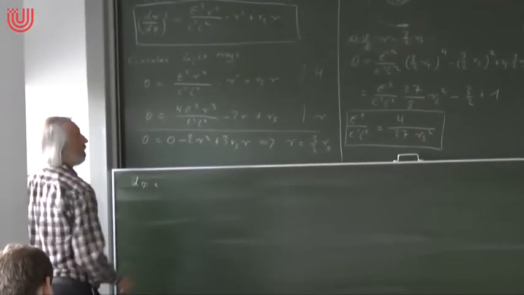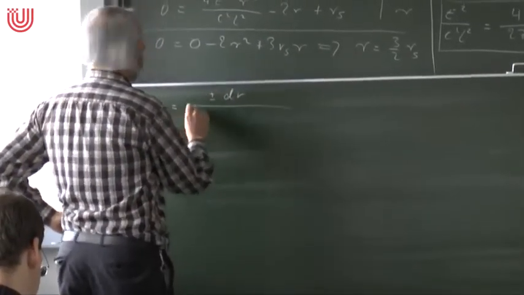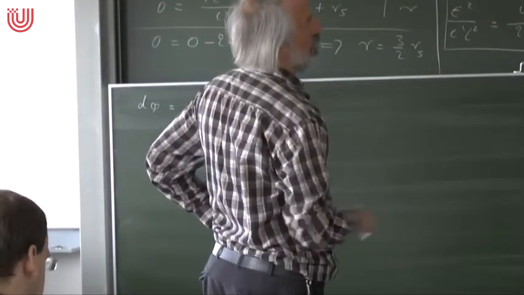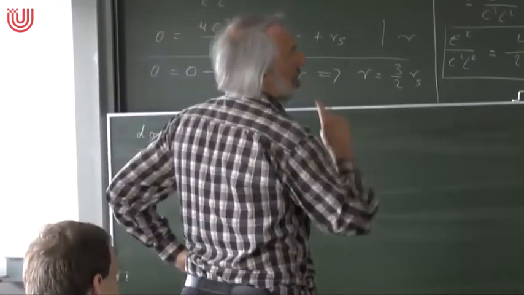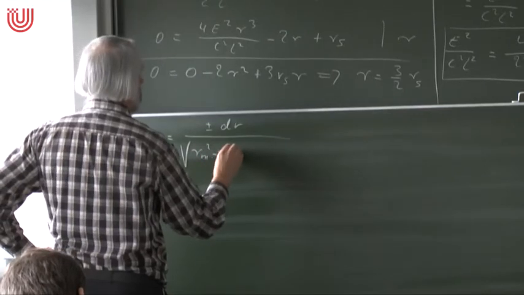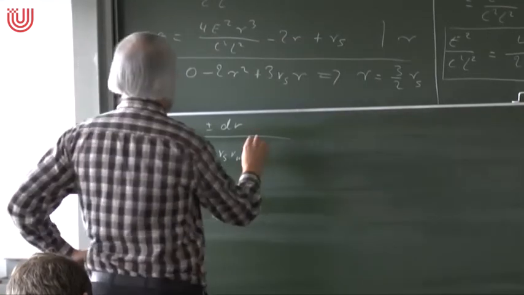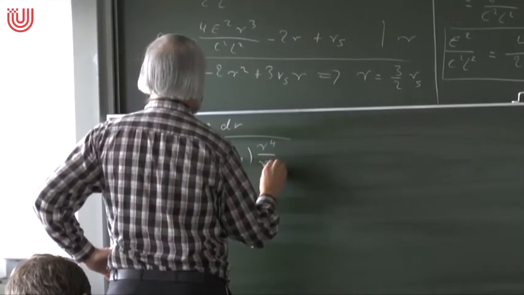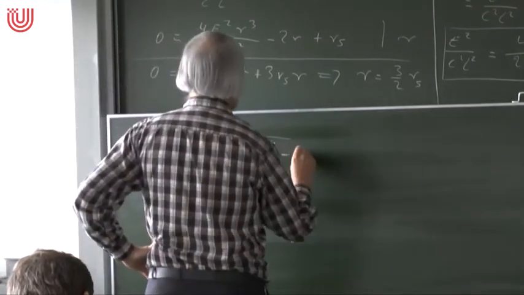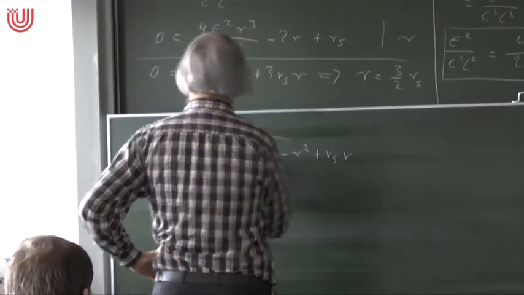So I get d phi is plus or minus dr divided by square root. And now I insert for E squared over c squared L squared this expression. So I have an Rm squared minus Rs Rm times r to the 4 over Rm to the 4, and the rest I just copy, minus r squared plus Rs over r.